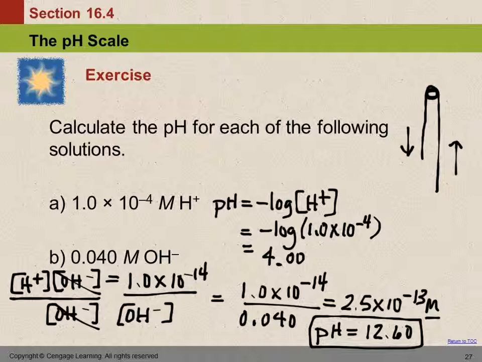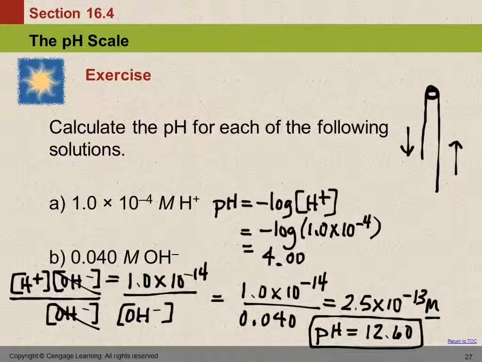They are tied together like that. This expression, hydrogen ion times hydroxide ion equals 10 to the minus 14, is what allows us to find what the other one is. It's an inverse relationship. If one goes up, the other goes down. Yep, they're inversely related.